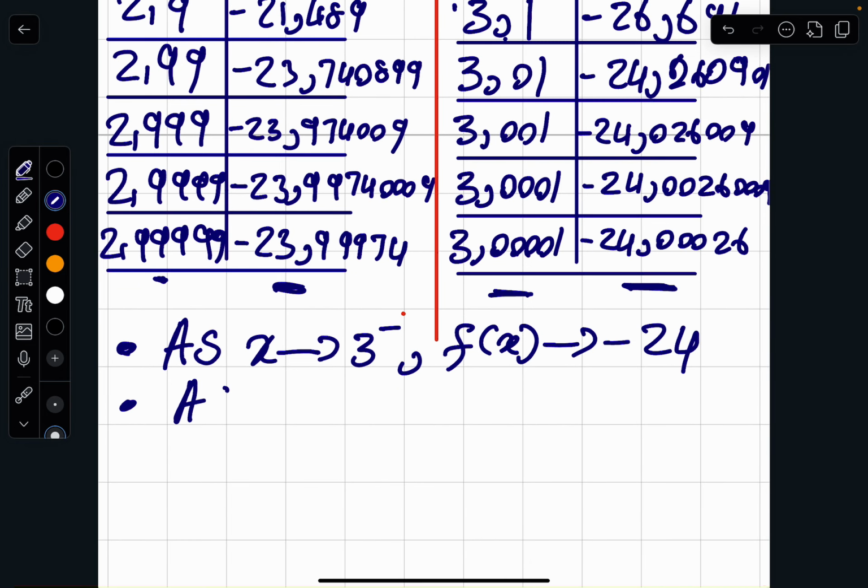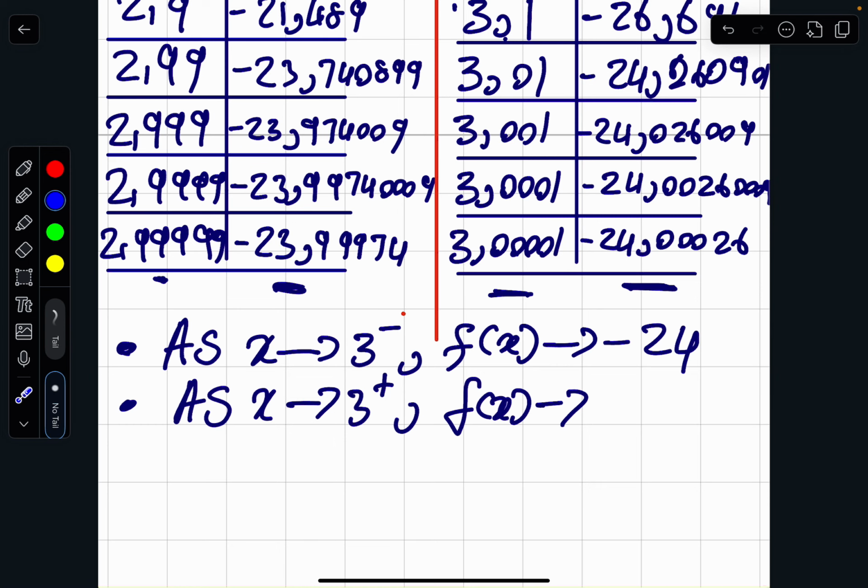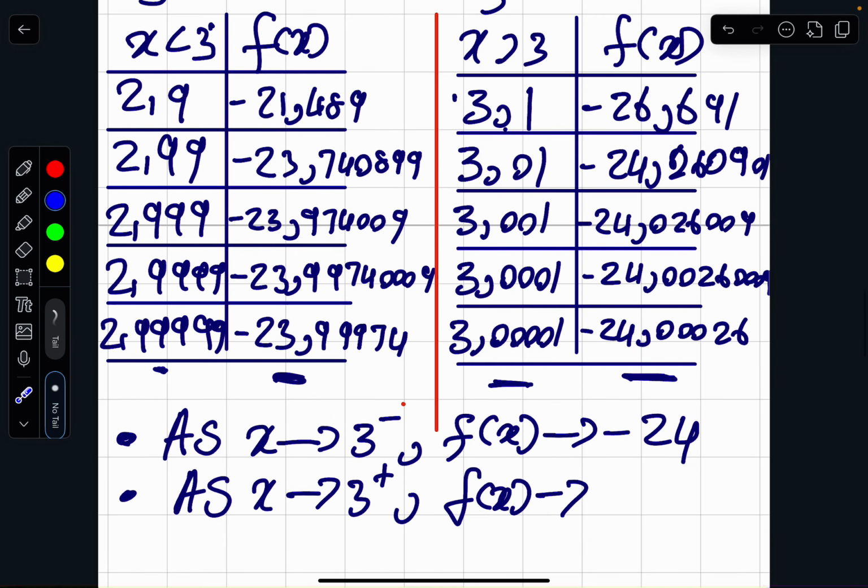Therefore, another point, as x approaches 3 from the right, what happens to the value of f of x? It approaches what? If you check, when we're at this side, it's negative 26, negative 24, negative 24. But if you can see, the zeros are growing in between after a comma, and whenever zeros grow after a comma, those numbers disappear to a point whereby we will no longer see this 24.